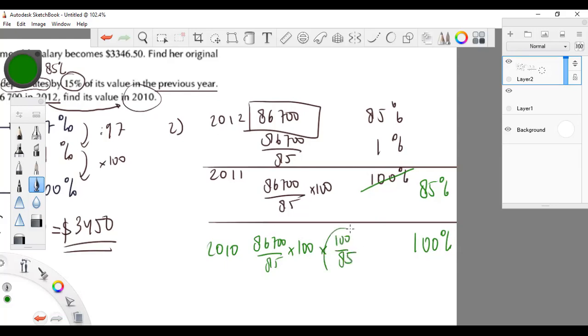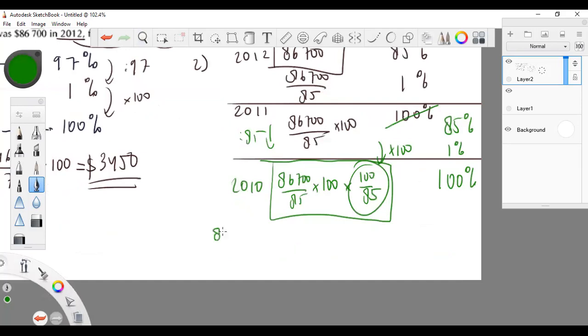That's how you think of the number, right? Because you put 1, you divide by 85, and then you times by 100 again. So this will be the value, twice of it, right? Or you can simply do 86,700 times 100 over 85, twice the price, twice the time, right?